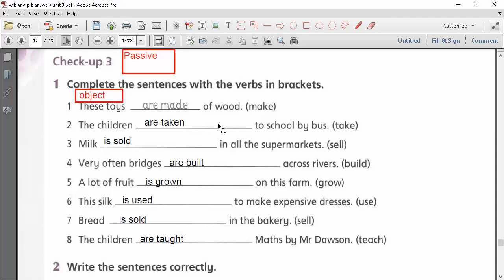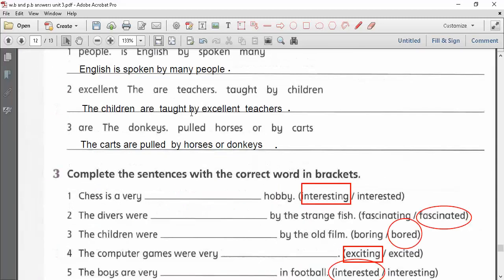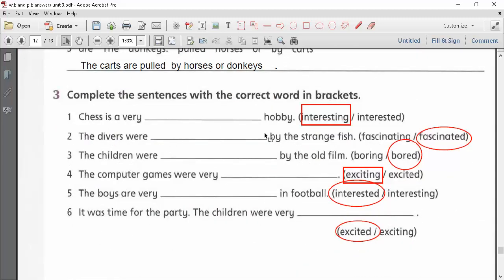This is a passive question. Look here, passive. These toys is the object. So we will use verb to be, then verb 3. Here we use ing with something and we use ed with people.